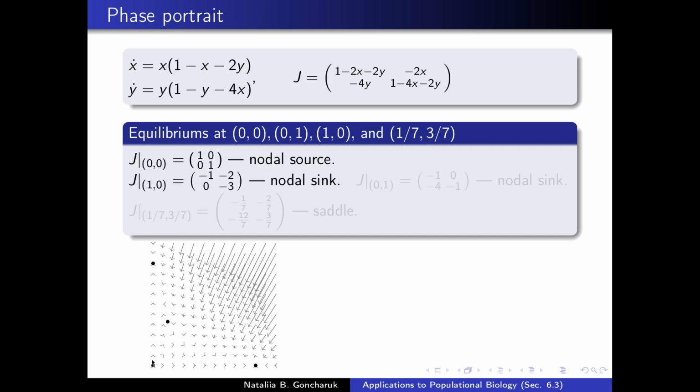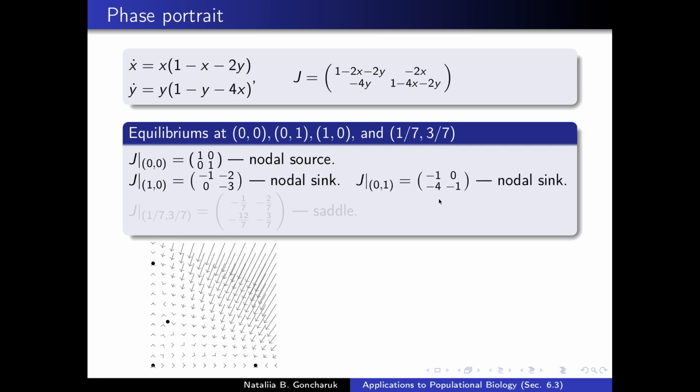Now let's take the second point at 1, 0. It is over here. I substitute 1, 0 here, and I get that this linear system has a nodal sink at this point, because you have negative eigenvalues. This is a sink, so the nonlinear system also has a sink.